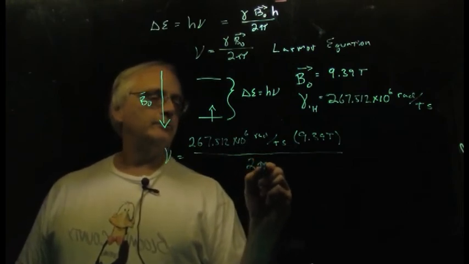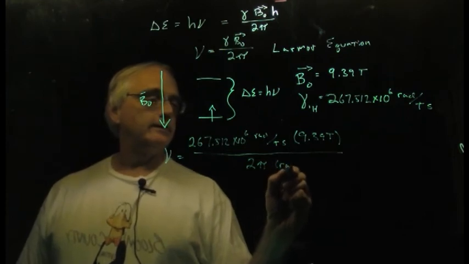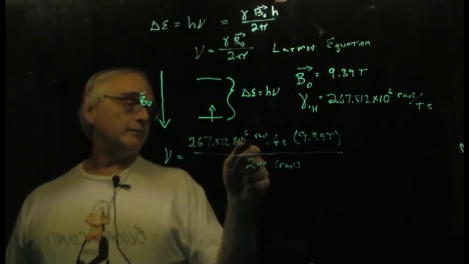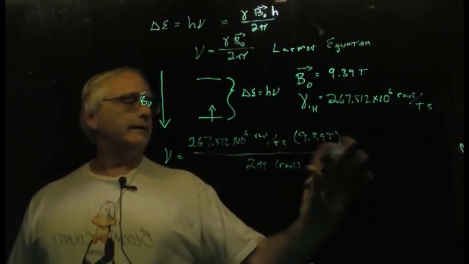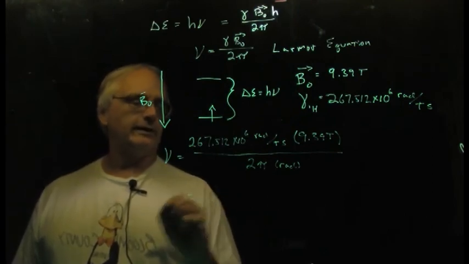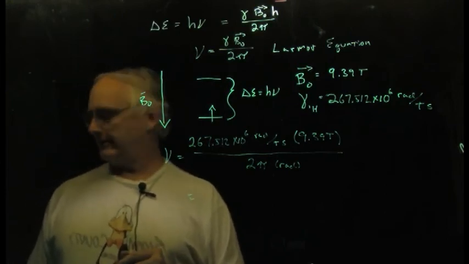And remember, 2 pi is pretty much the definition in mathematics of a radian. 2 pi radians. So that means my radians cancel, Tesla units cancel. The only units that I have left are reciprocal seconds, which is right, because I'm calculating a frequency. Kind of nice it worked out that way.